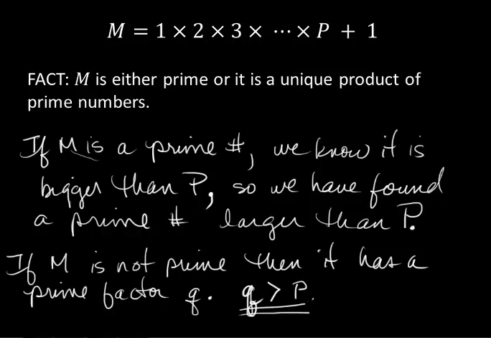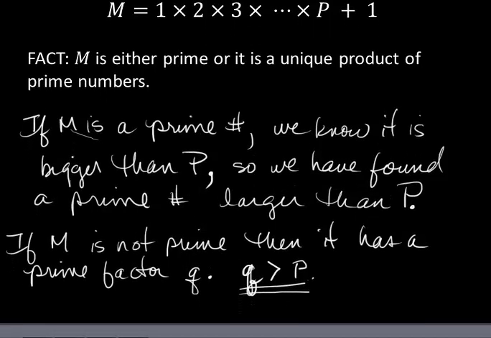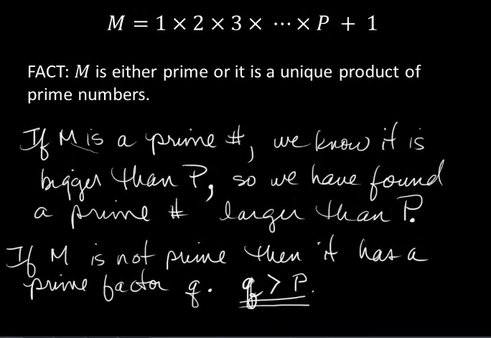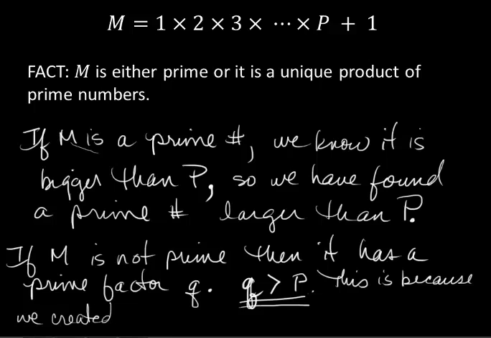Well, it's because of how we prepared ourselves to be able to understand the proof. And let me write, this is because we created M so that no number less than or equal to capital P divides it.